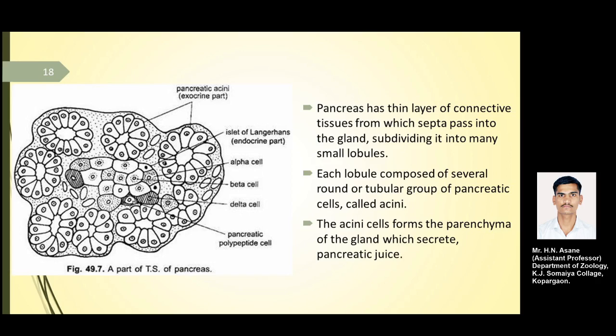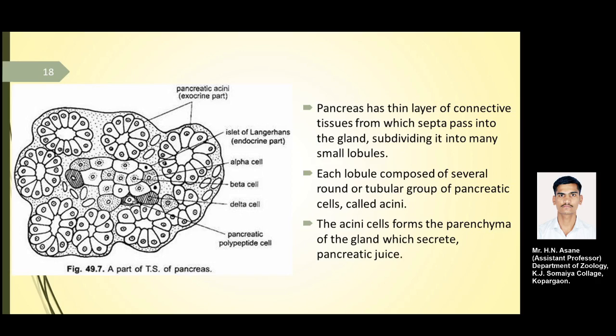In the human pancreas, there are more than a million islands, as you can observe. But in the guinea pig, for example, there are about 2500 islands. There are more in the tail than the head of the gland.